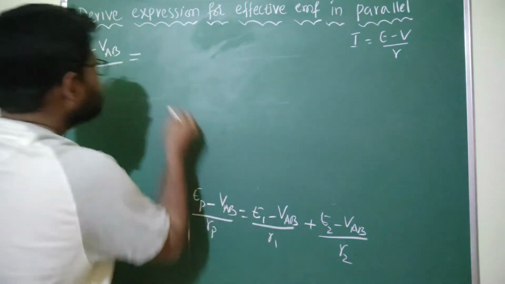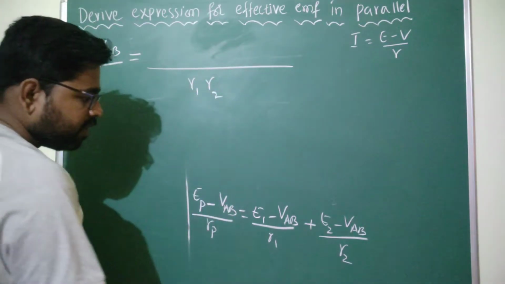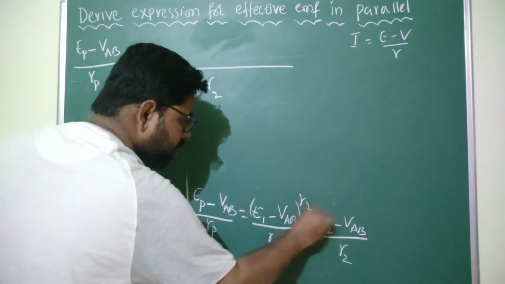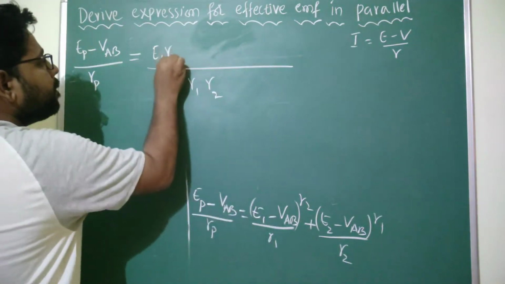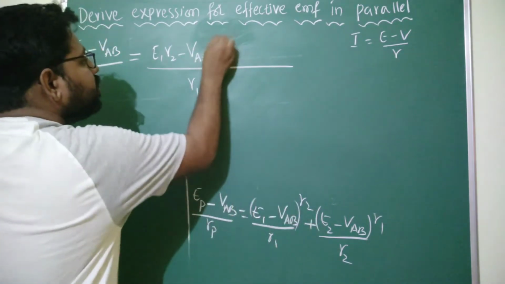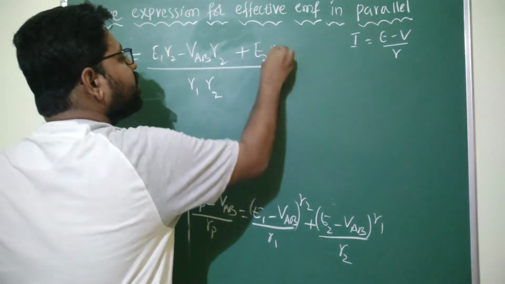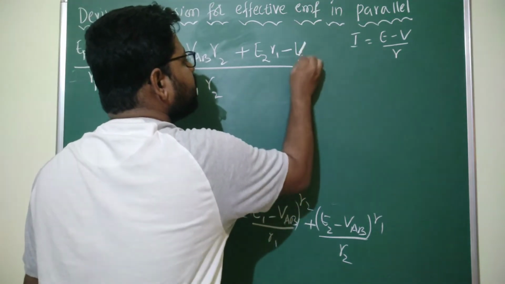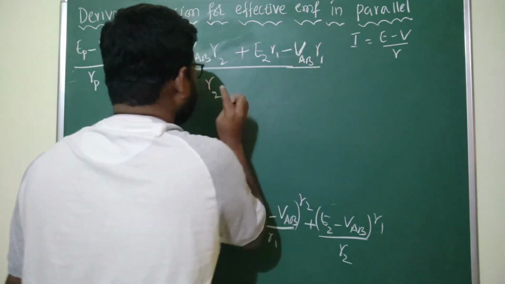Now R1 R2 is the LCM. Then E1 into, I will multiply this with R2 and this with R1. So E1 into R2 minus VAB into R2, plus E2 into R1 minus VAB into R1, divided by R1 into R2.